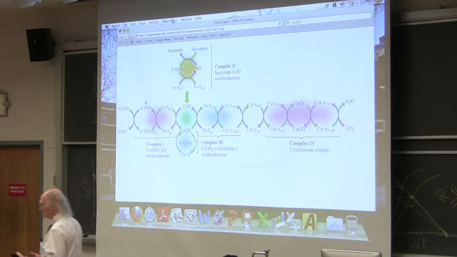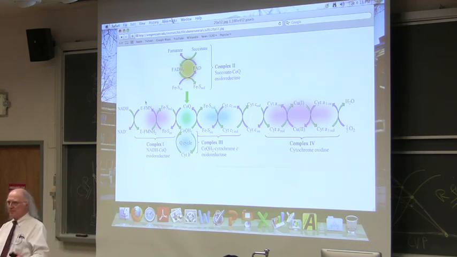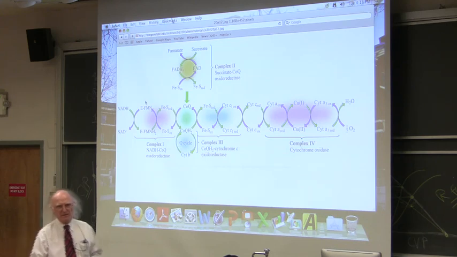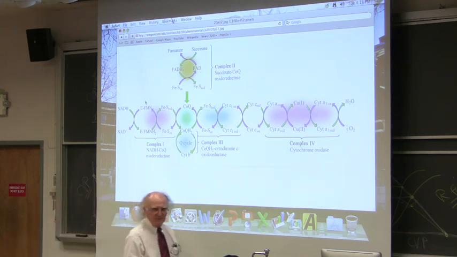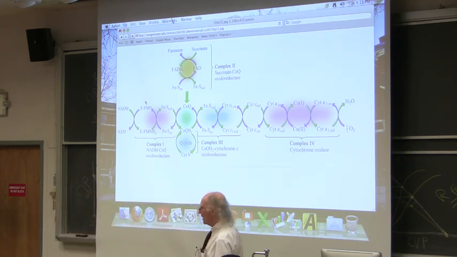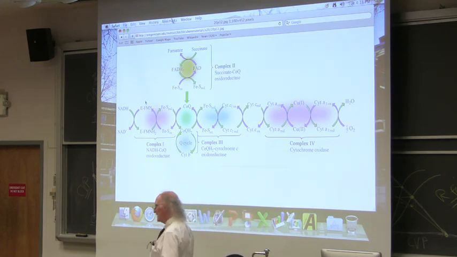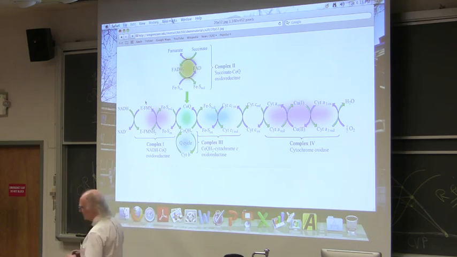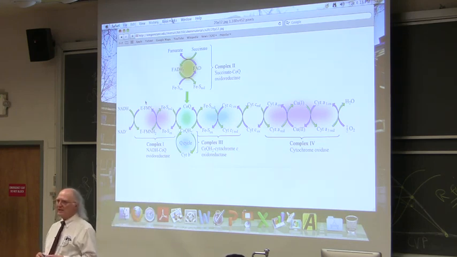Protons are being pumped out of the matrix and into the intermembrane space. So protons are being pumped out of the matrix from complex 1 into the intermembrane space. What does that do? That causes a proton gradient.